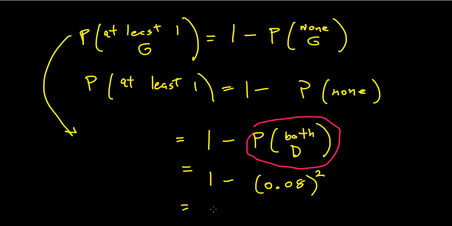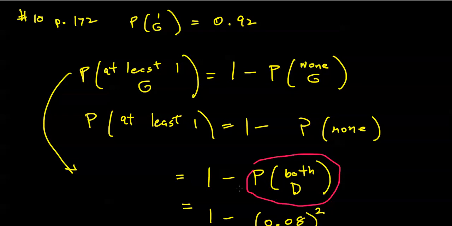Alright, so again, learn to recognize this pattern. It's 1 minus something to the something power pretty much in all these at least one problems, and 1 minus 0.08 squared is 0.9936. So we can see she does get an advantage in probability here by bringing in 2 calculators.